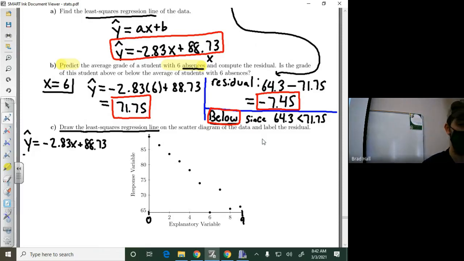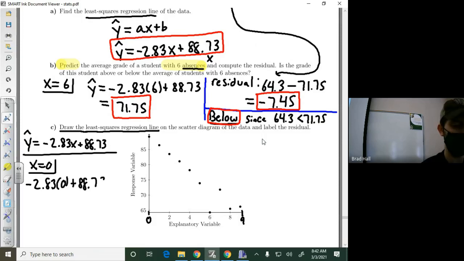So if we plug in x is equal to 0, well, then that's negative 2.83 times 0 plus 88.73. Well, that's simply 88.73.